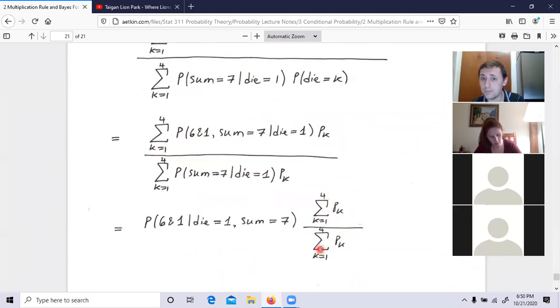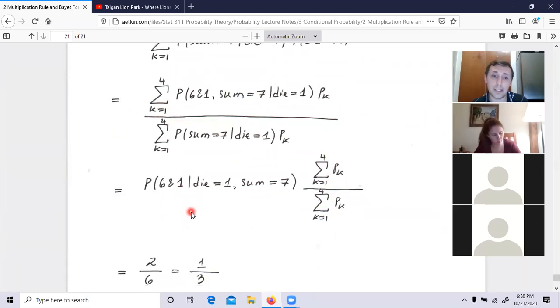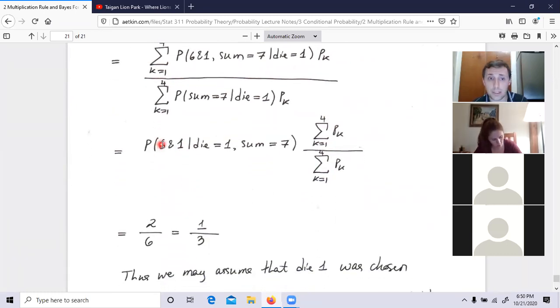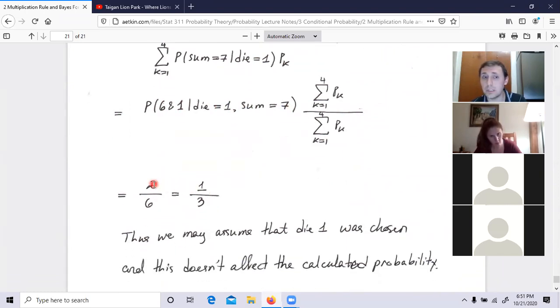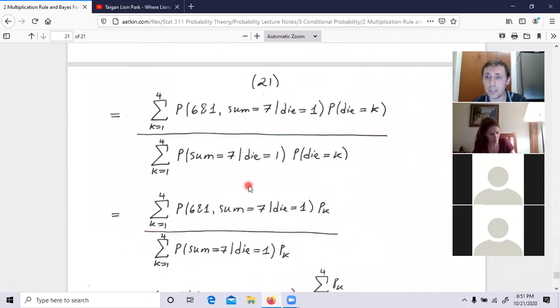So what ends up happening is that it's the same as the probability that (6,1) came about, given that die 1 was tossed and the sum came to be 7. And that probability is quickly 2 divided by 6, because it's either the first toss is 1 and the second die is 6, or the other way around. So it's 2 over 6, which is 1/3. I hope you understand, guys, what I mean here.